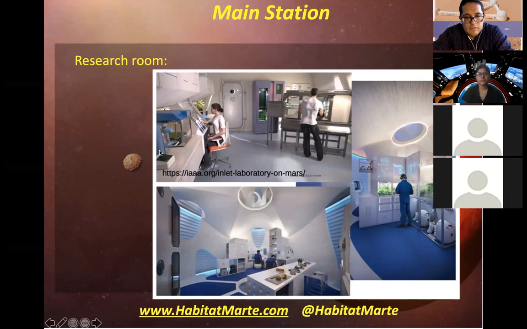Mainly in the first moment of Mars exploration, the research room would be very important for the first missions based on Mars.